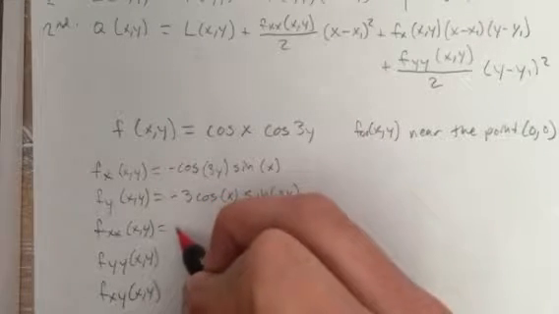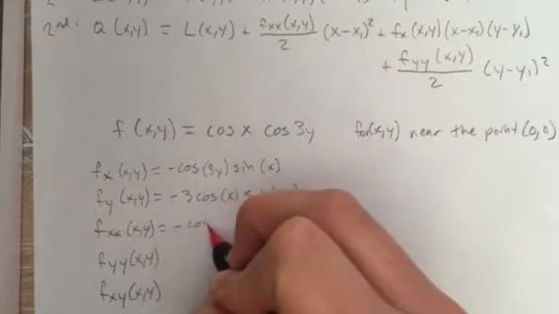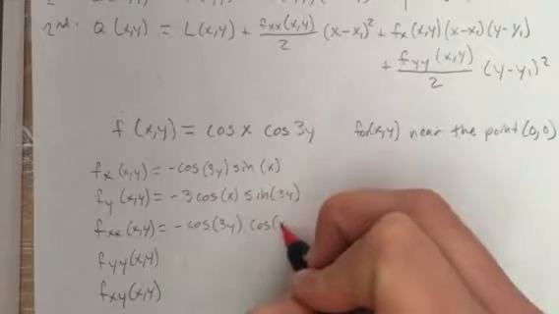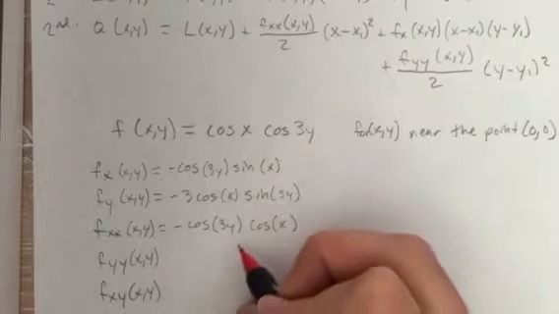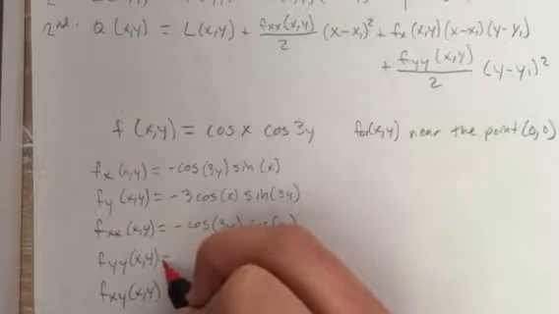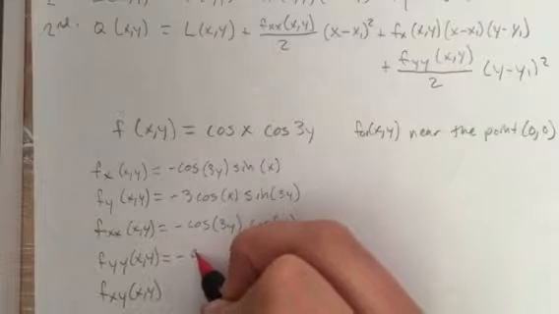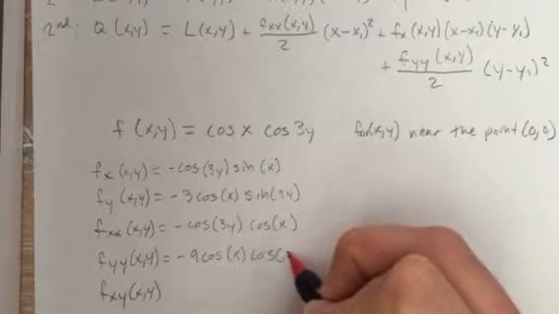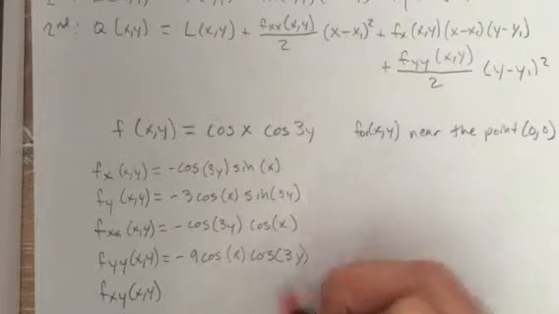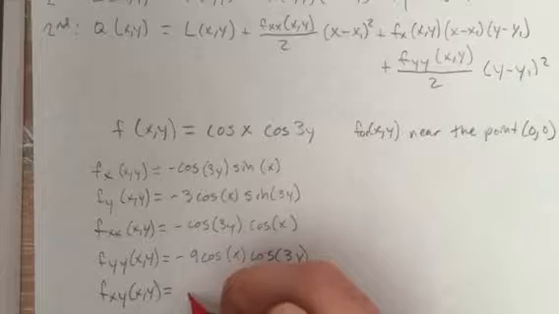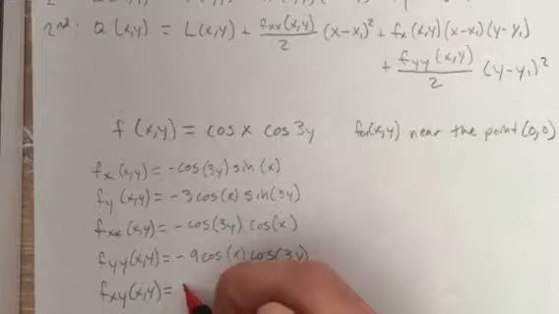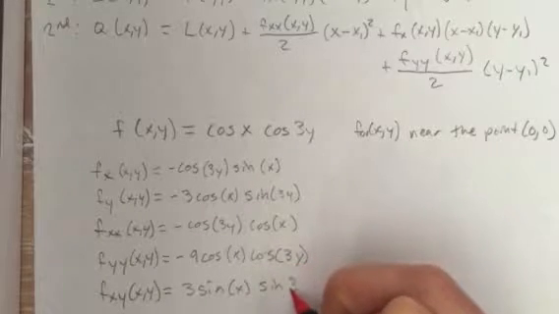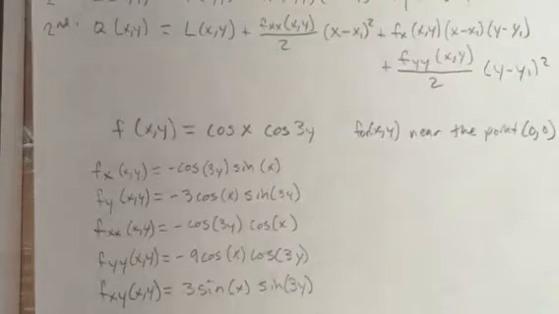For f_xx, we get negative cosine of 3y cosine of x. For f_yy, we get negative 9 cosine of x cosine of 3y. And lastly, for f_xy, we get 3 sine of x times sine of 3y.